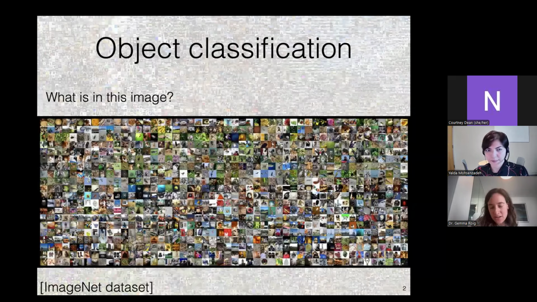Here you see a sample of a dataset called ImageNet. By now, probably most of you are familiar or will be familiar at some point, because it's a very important dataset that also sparked these new advances in AI and also in computational neuroscience.